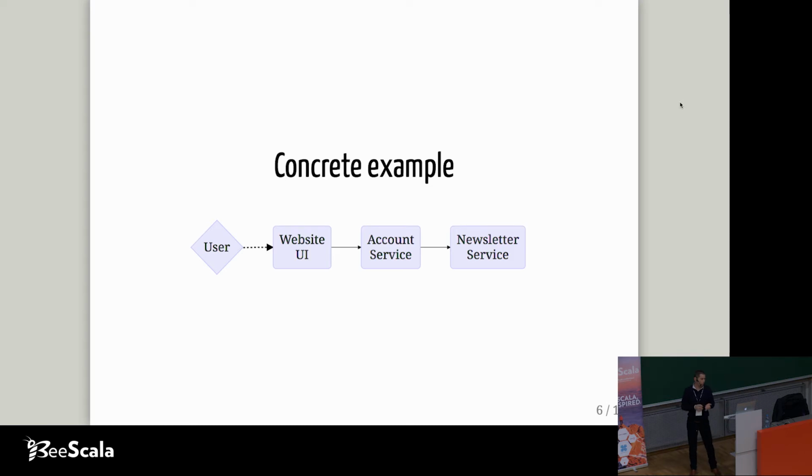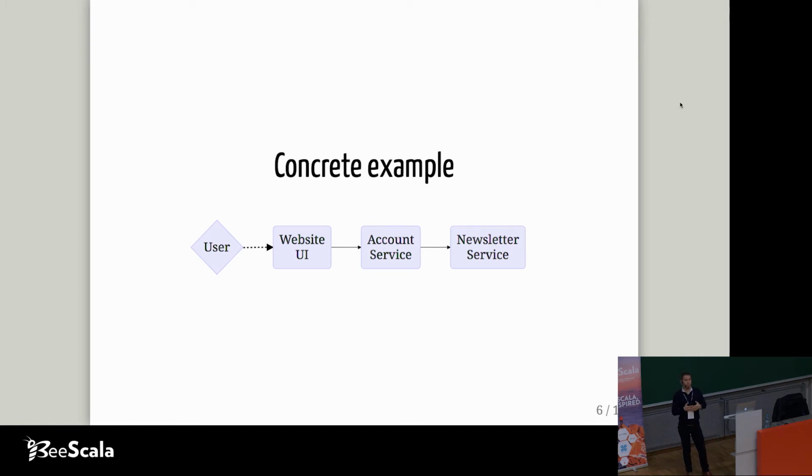Just as a quick example, suppose that we have a website with a simple UI, and that is backed by the account service. The user will come on the website and attempt to create an account. Of course, there's a checkbox over there, and we ask the user if they would like to subscribe to the newsletter as well.